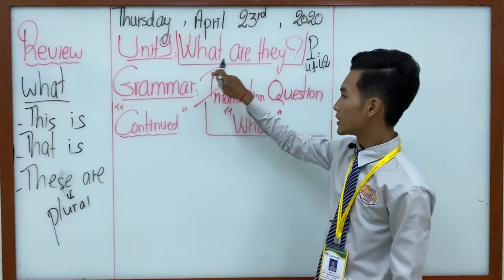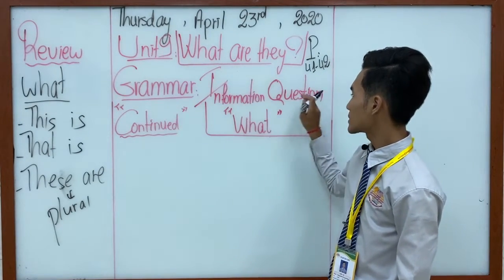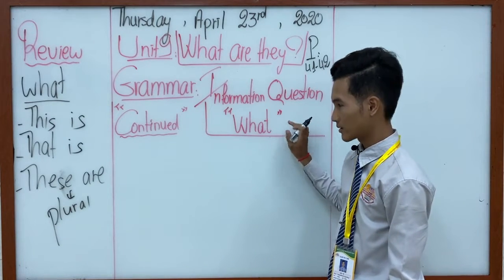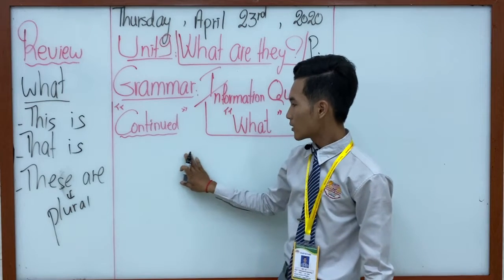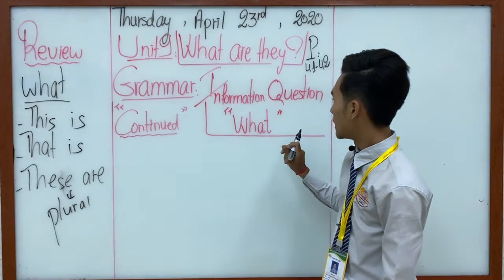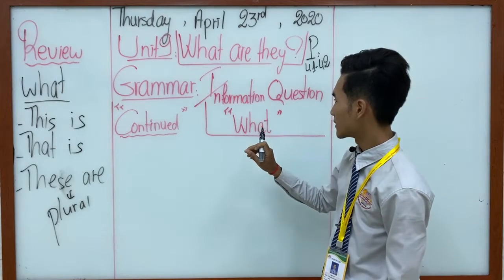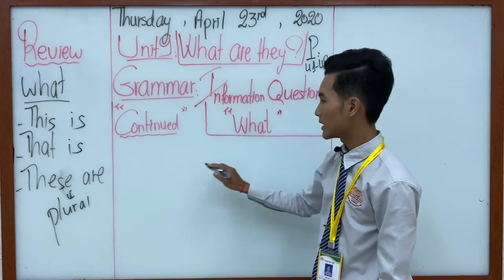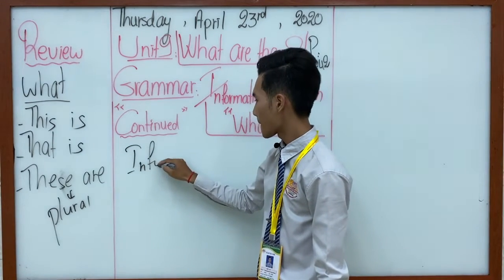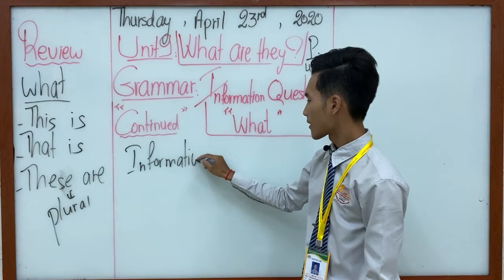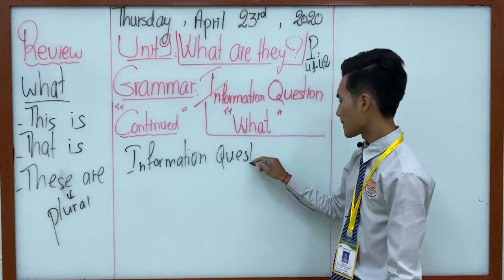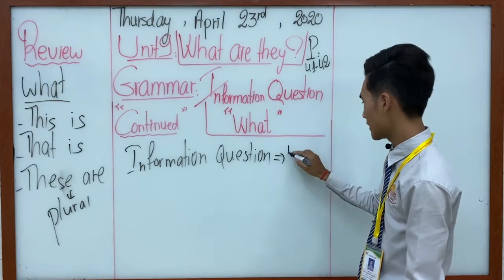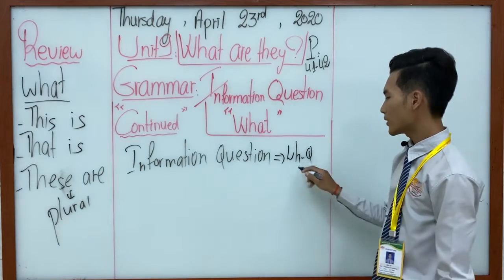What are they? The grammar, we're talking about the information question. Talking about what? Okay, so now I would like to tell you that the information question here, we are talking about WH questions, right? WH questions.